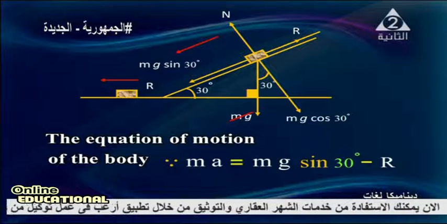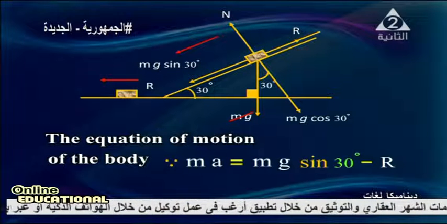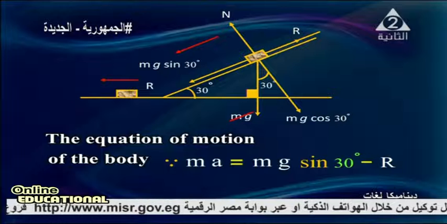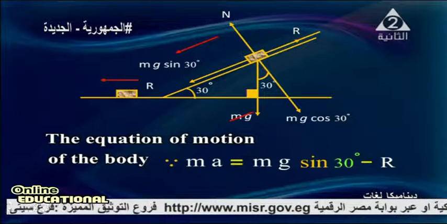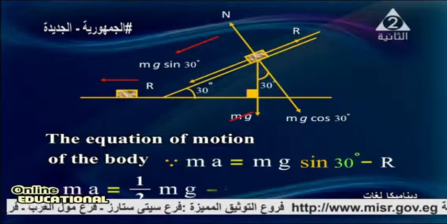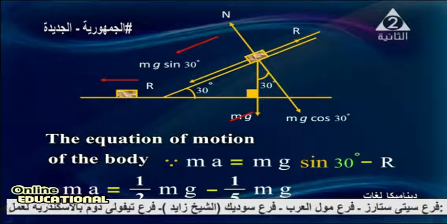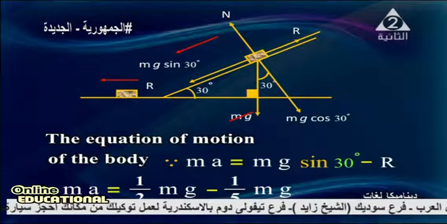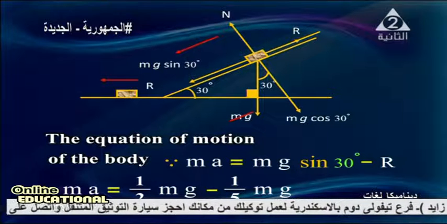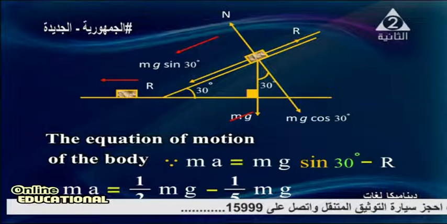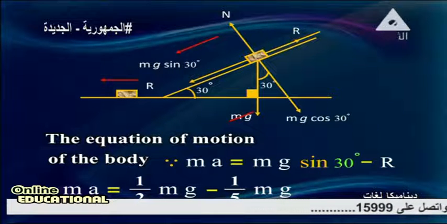MA equals mg sine 30 minus r. R is the resistance of the inclined plane. MA equals mg sine 30, which equals half mg, minus r, which equals 1 over 5 of the weight of the body, mg. Then the resistance equals 1 over 5 mg.